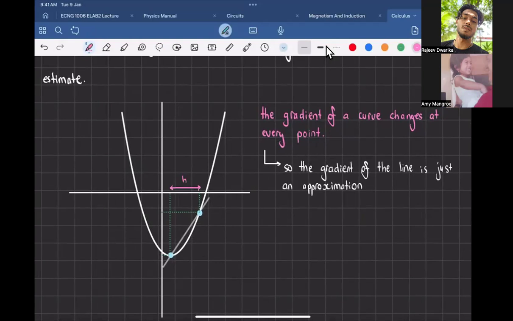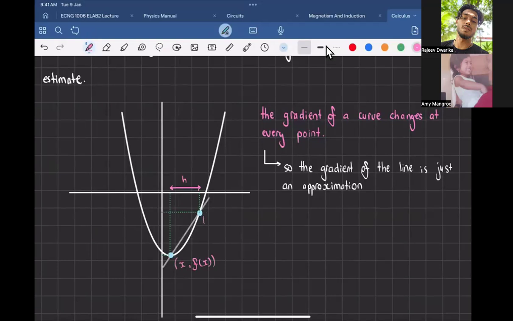If I have the first point, this is the first point over here, then the first point will have coordinates what? What would the coordinates of the first point be? x comma f of x.